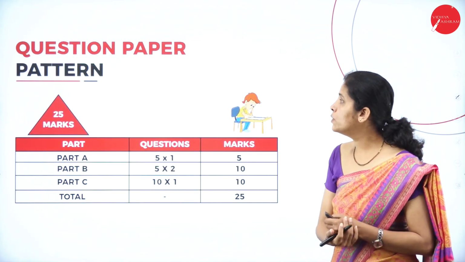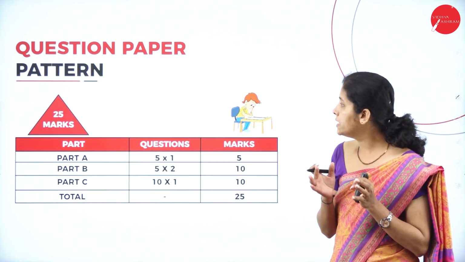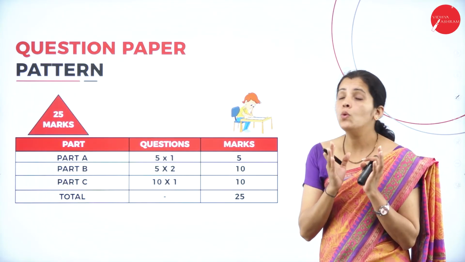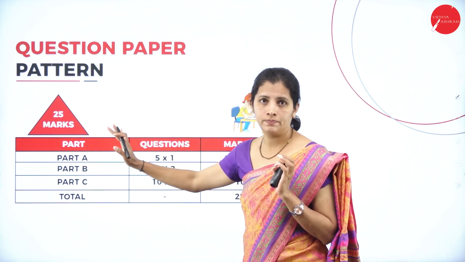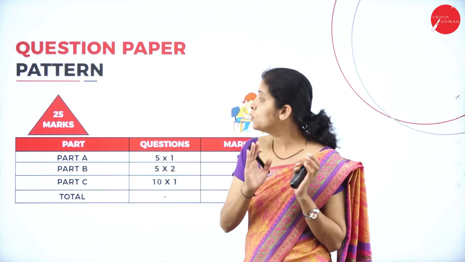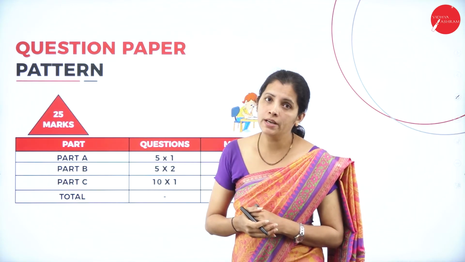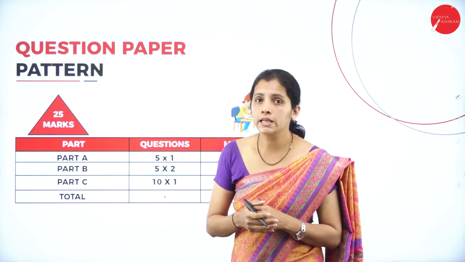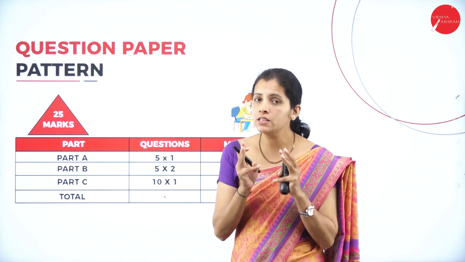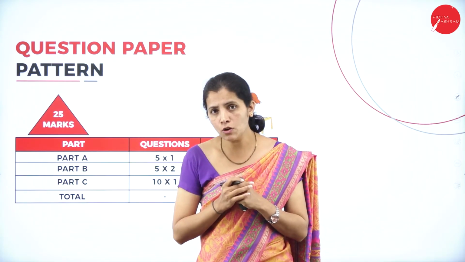Moving further, I'm going to explain the question paper pattern. So dear student, we are going to get the theory paper only for 25 marks. I repeat, we are going to get the theory question paper only for 25 marks. Then what about the other 25 marks? It is the practical section. So dear student, in digital fluency, you must have theory knowledge as well as practical knowledge.